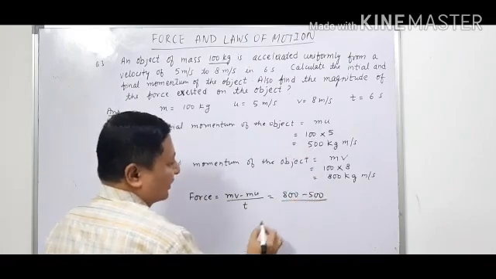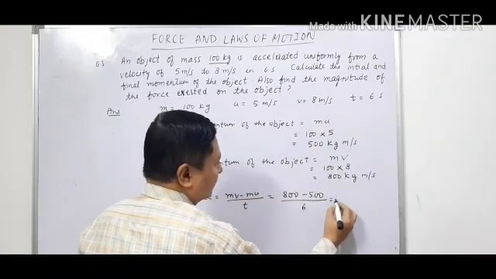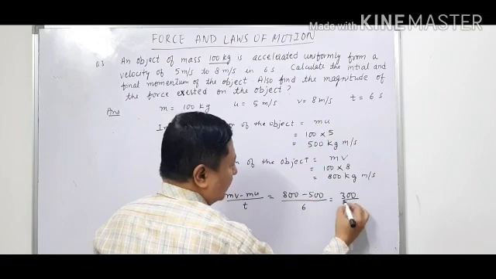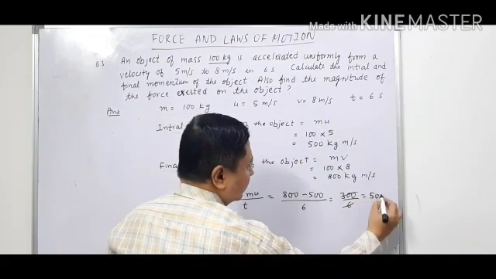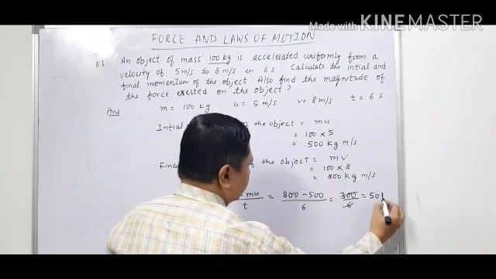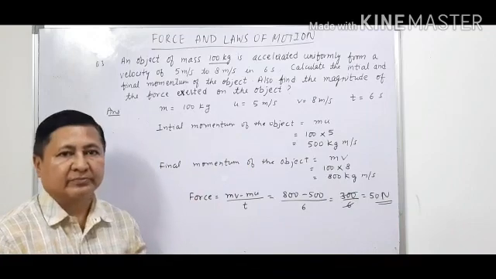So 800 minus 500, and time is given in the question, that is 6 seconds. So that will be 300 upon 6. We'll cancel this. That will make it 50 Newton. So the force is 50 Newton on the object.